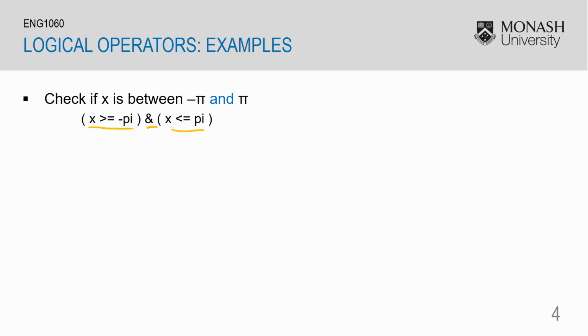Mathematically, you would write this as negative pi less than or equal to x, which is less than or equal to pi. However, this mathematical expression is not recognized in MATLAB in the normal sense, and therefore we need to explicitly write x is greater than or equal to negative pi and x is less than or equal to pi.